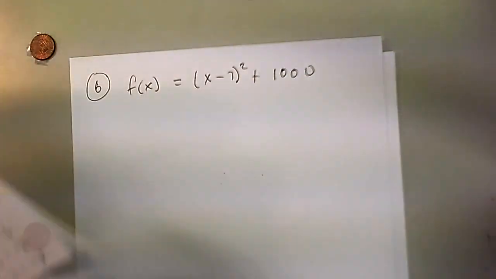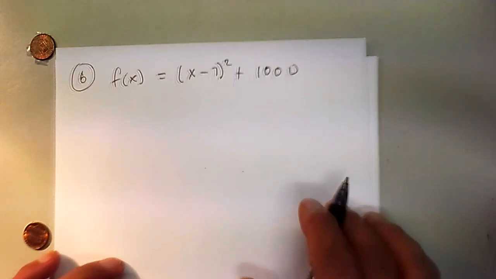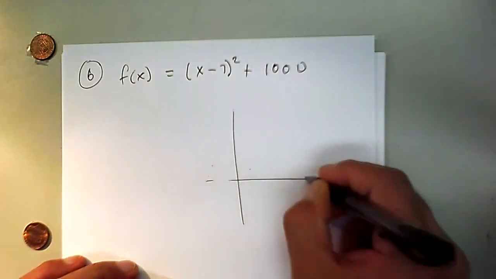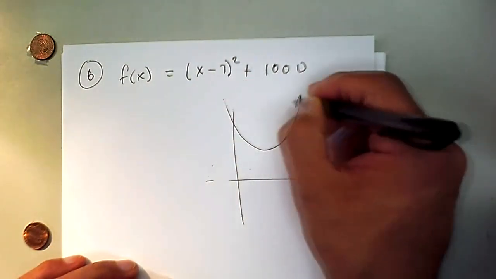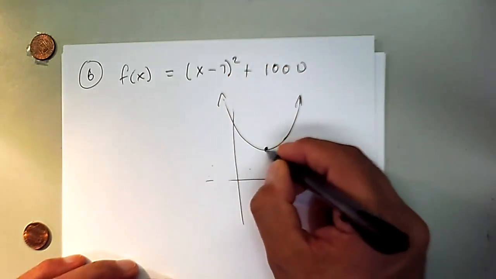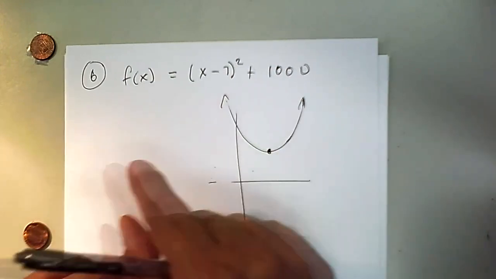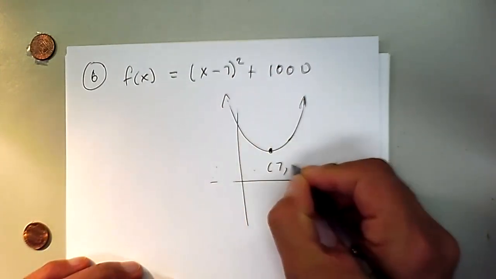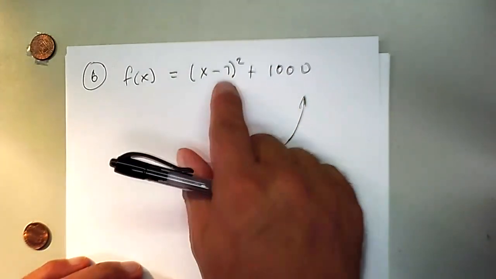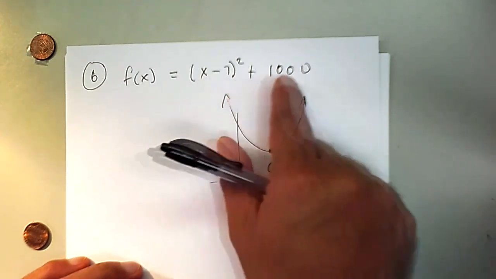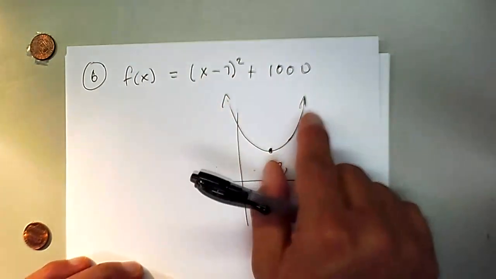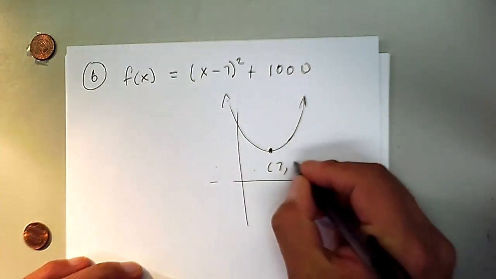Again, I'm emphasizing what the sketch versus the graph would be. So there you go, you got your parabola. At this point, the vertex will not be (7, 8) as in the previous example. It is (7, 1,000), because we are shifting to the right and up from (0, 0).